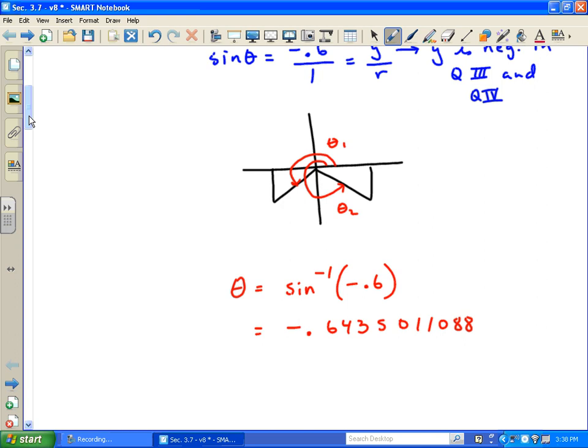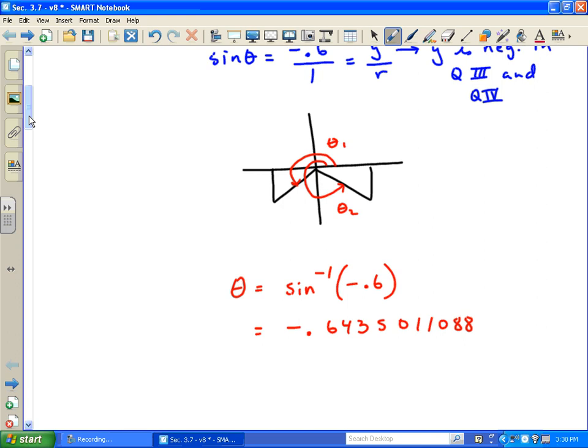Now, this is definitely not in quadrants 3 or quadrants 4. This is a negative angle. It actually, I guess it is in quadrant 4, but it's not the proper kind of answer. In other words, we're wanting to start from the positive x-axis and rotate around, so the answers for theta 1 and theta 2 should be positive answers, not the negative value here.